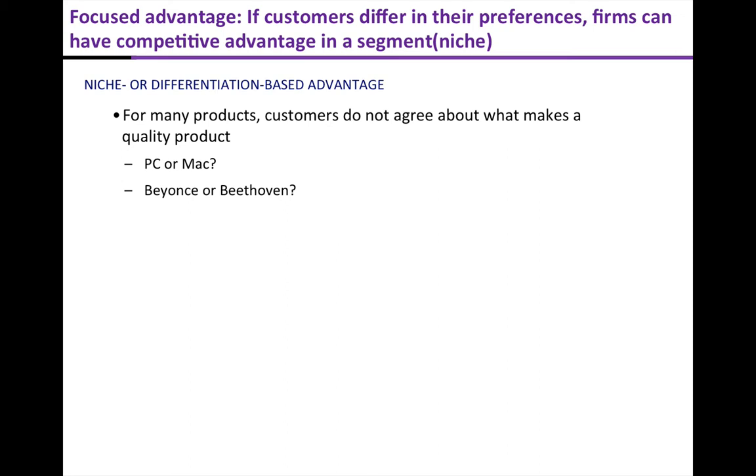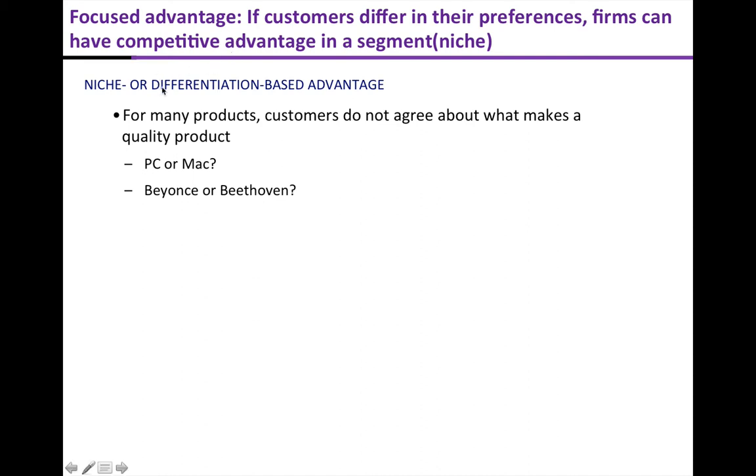So here's a situation where, as it says in the title, if customers differ in their preferences, firms can have a competitive advantage by serving a segment. This is what we saw in Husky and what we saw to some extent in Trader Joe's, although Trader Joe's has a very peculiar both focused and cost-based position, as we talked about in class.